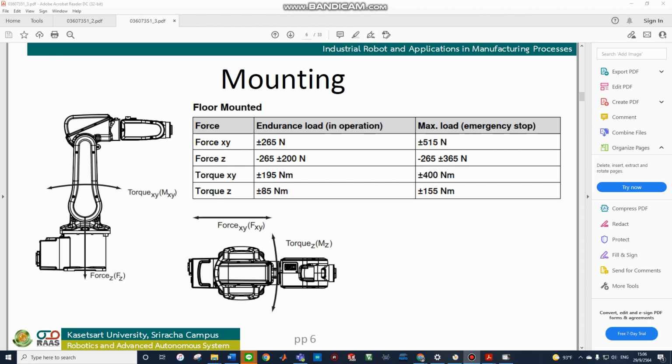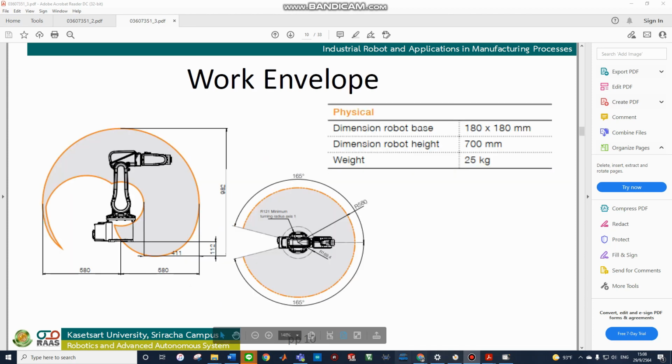The torque load C axis is the working envelope.